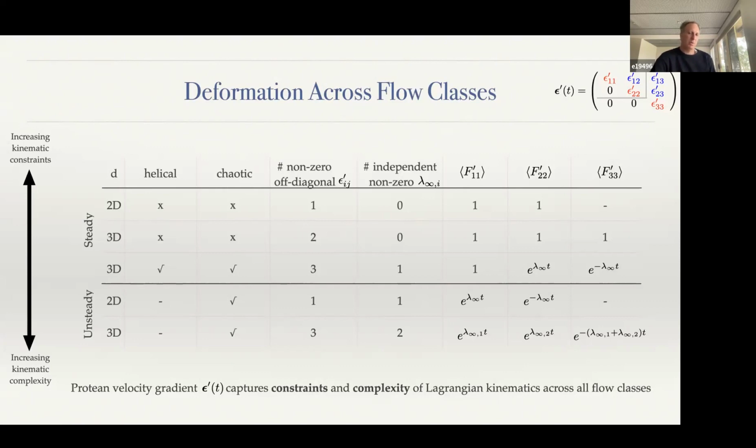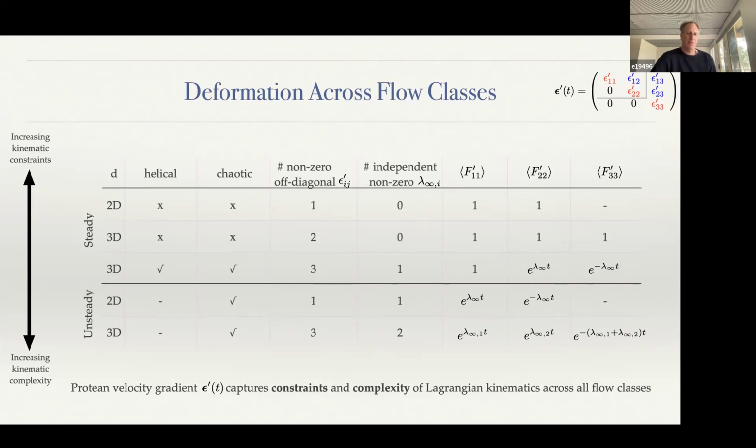And so this corresponds directly with flows being chaotic or not, in that the non-chaotic flows have Lyapunov exponents of 0 because they're non-chaotic. It's not until we get to steady 3D flows that we have one non-zero Lyapunov exponent in the system. Unsteady 2D flows also have one independent Lyapunov exponent.